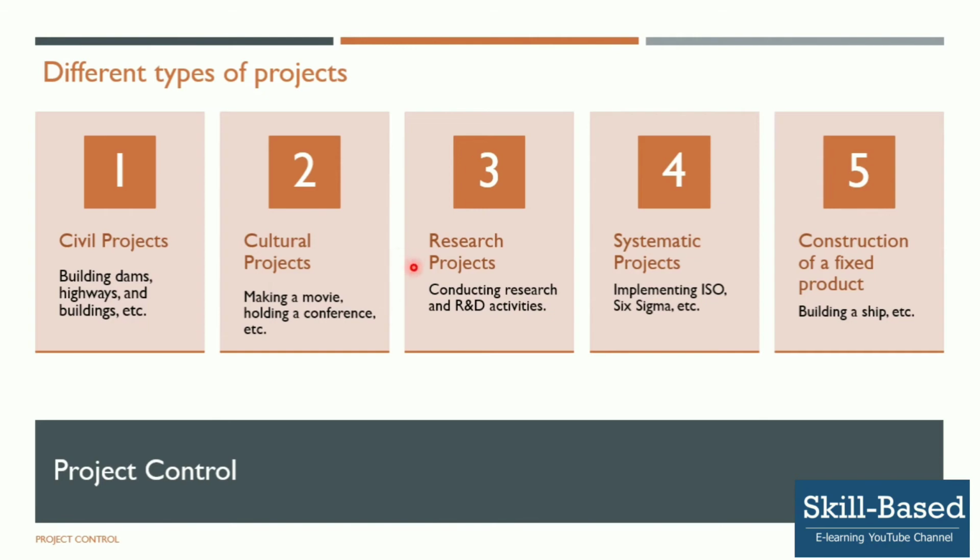And research projects, as I mentioned earlier, may be conducting research or R&D, research and development activities, or your thesis at master's level or PhD level. Another type is systematic projects. For example, implementing ISO in a company, or Six Sigma, etc. And also construction of a fixed product is also a project. For example, building a ship.